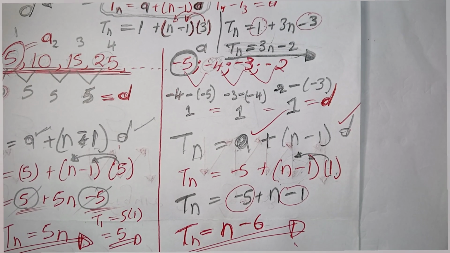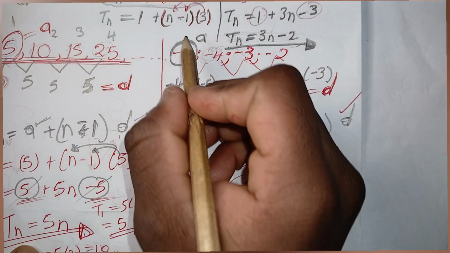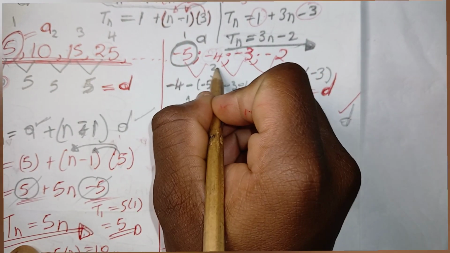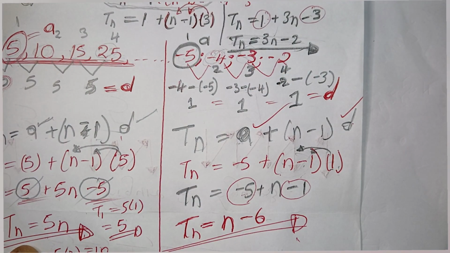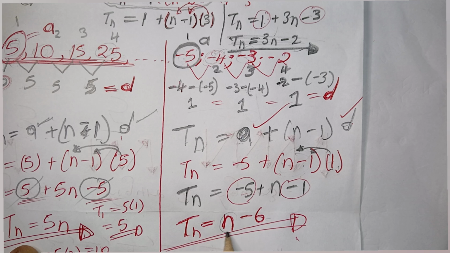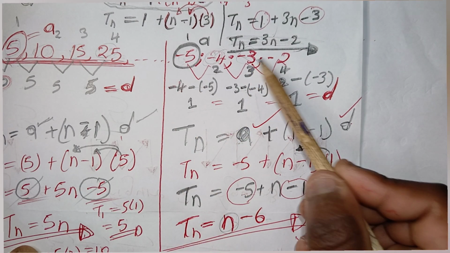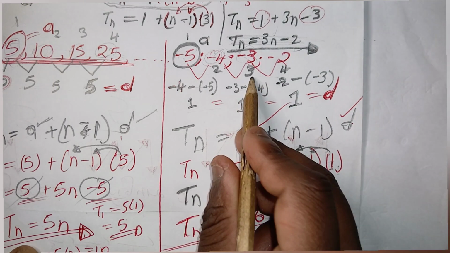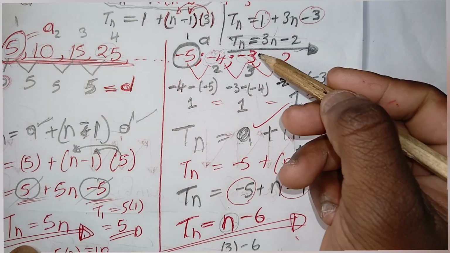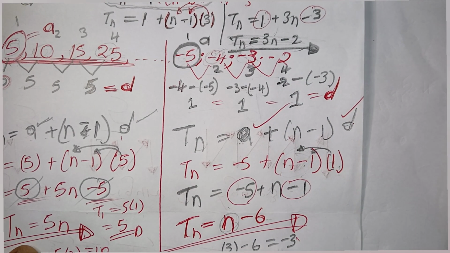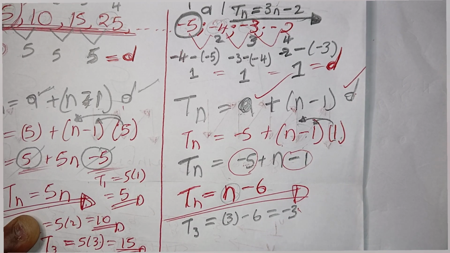And to prove whether your answer is correct or not, first, you know this one is position 1, position 2, position 3, and position 4. Do you see? It means that if I substitute my n with one of the positions, I should get the term. Like, if I substitute 3 here, I should get minus 3 as my answer.